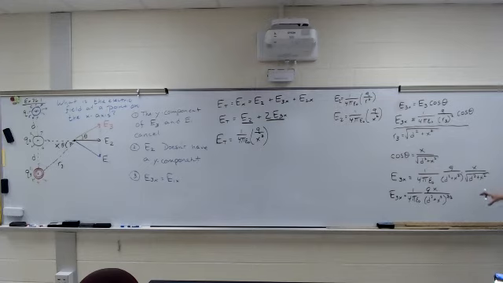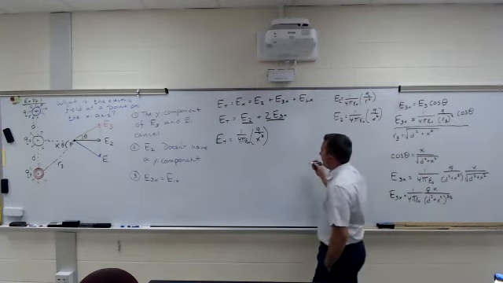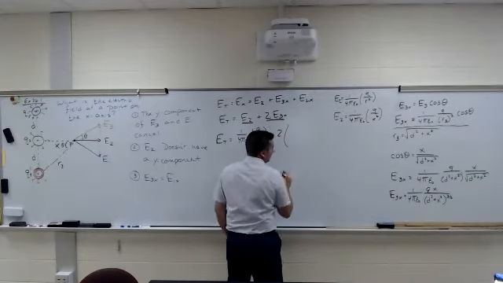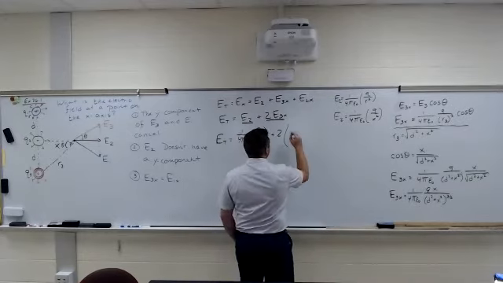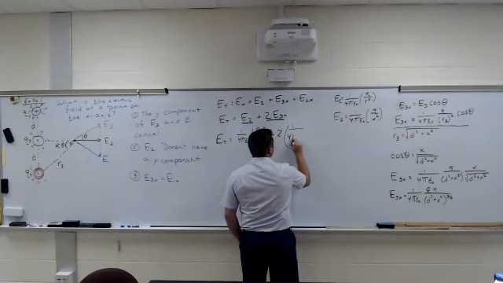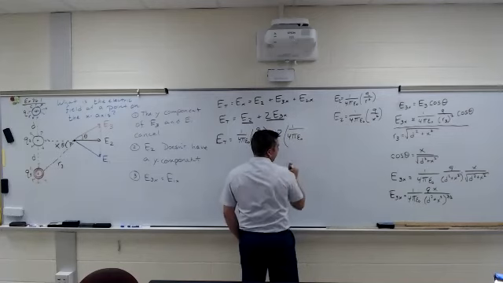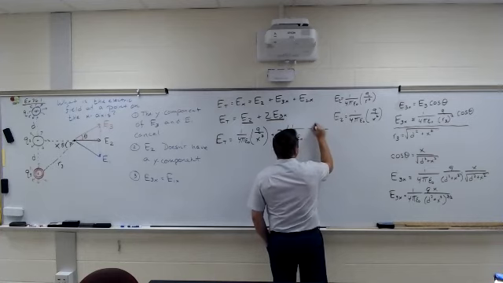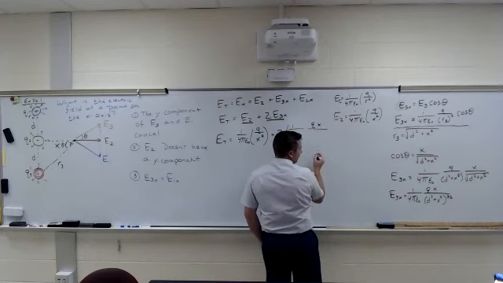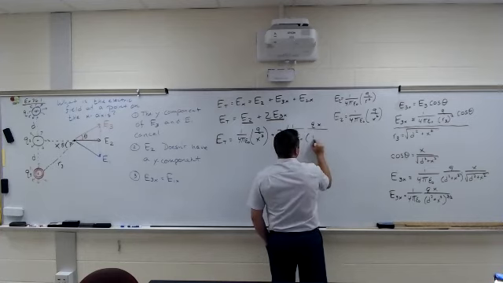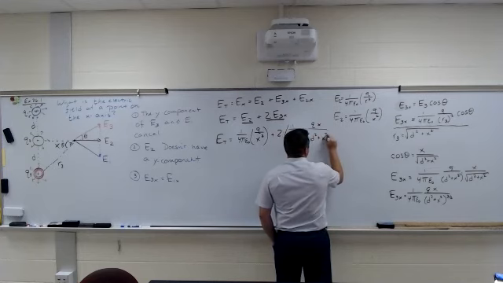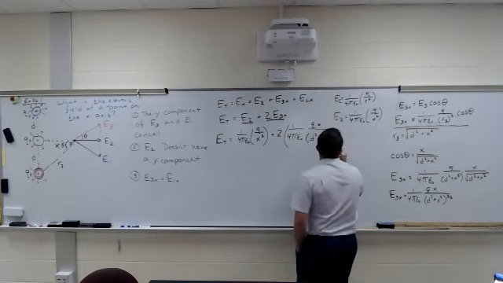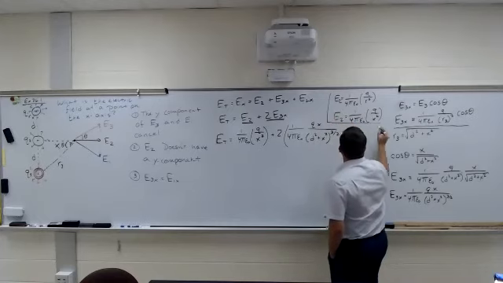And now I can take that and add it on over here. So plus 2 times the quantity 1 over 4 pi epsilon naught times q x over d squared plus x squared to the 3/2 power.